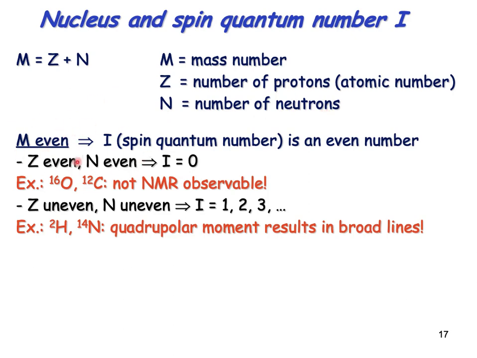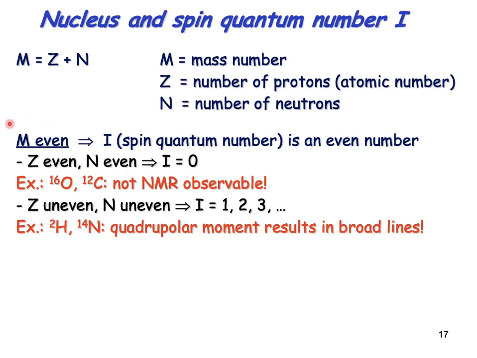So if, for example, M is even, meaning the mass number is even, then the spin quantum number will be 0, right?